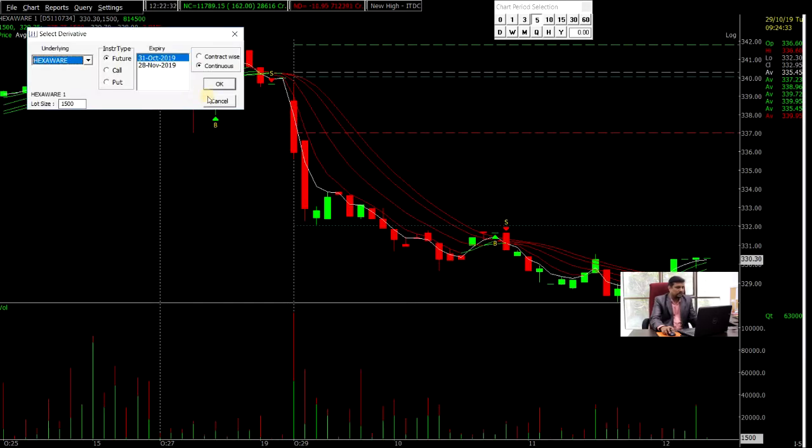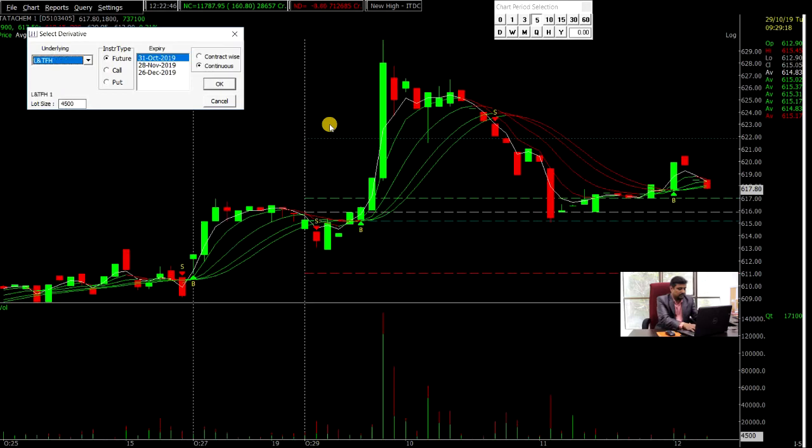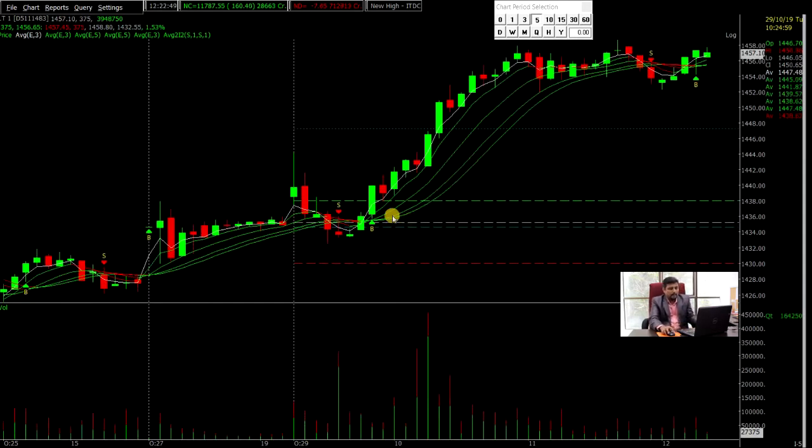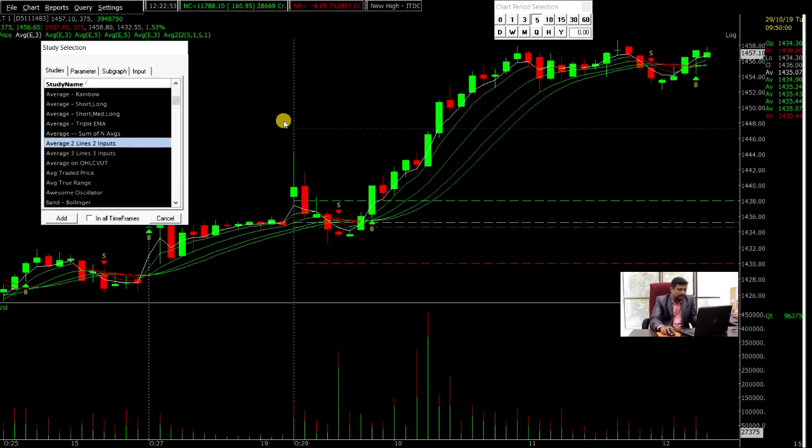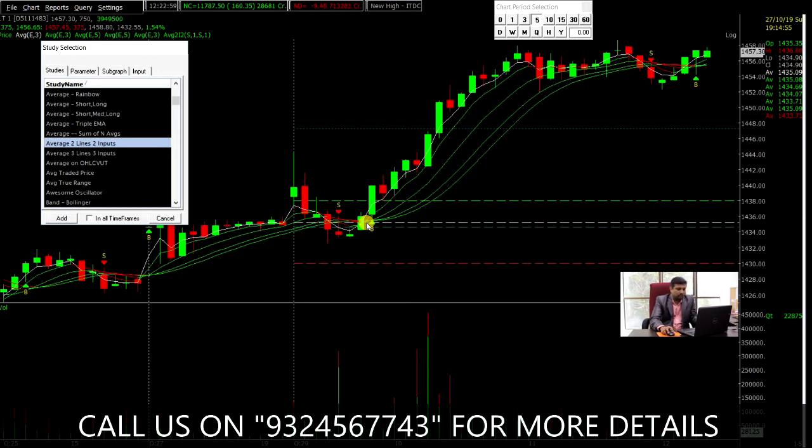Now, for both the signals, buying and selling, you need a confirmation. So whenever a price trend is giving you breakout, to confirm that trend, to confirm what will be your target or what will be your stop loss whenever you are entering, you need a supporting indicator.